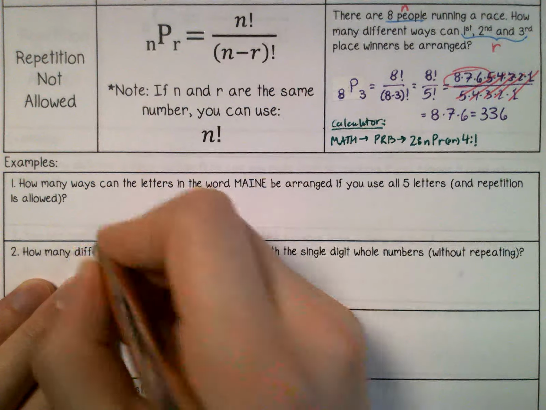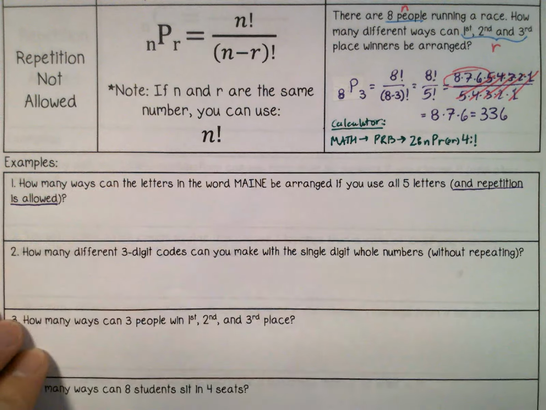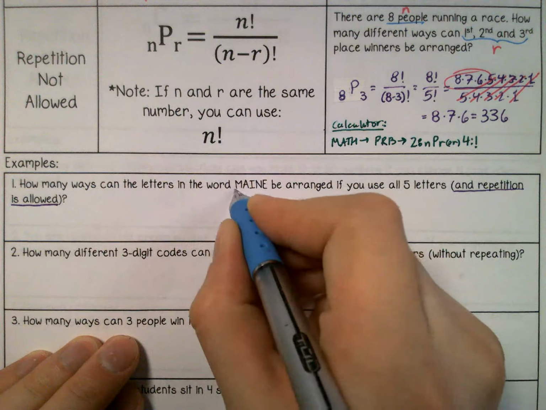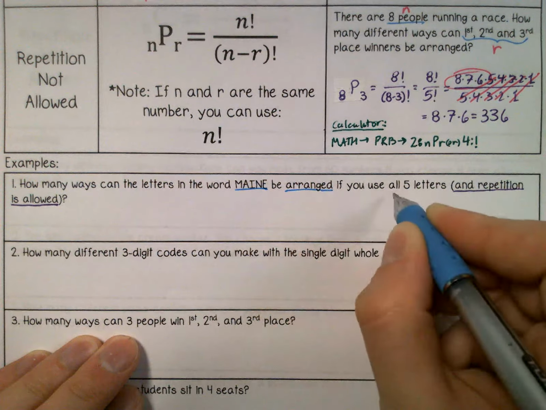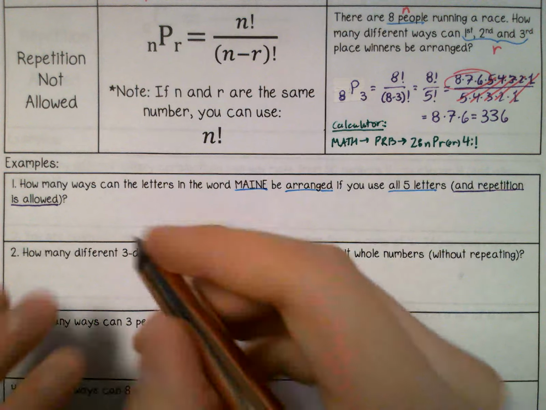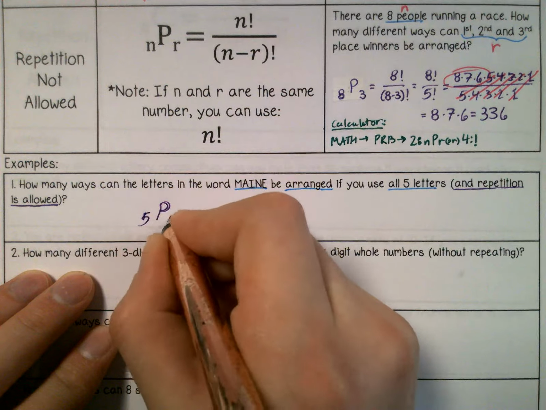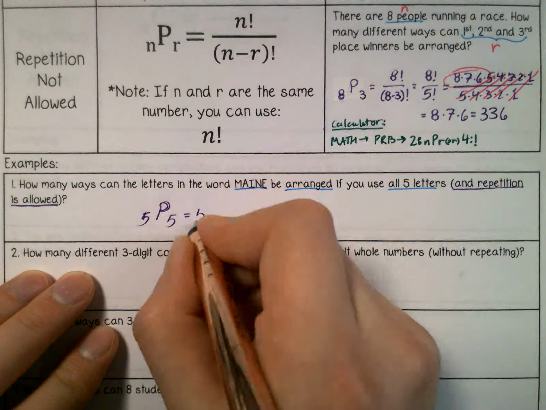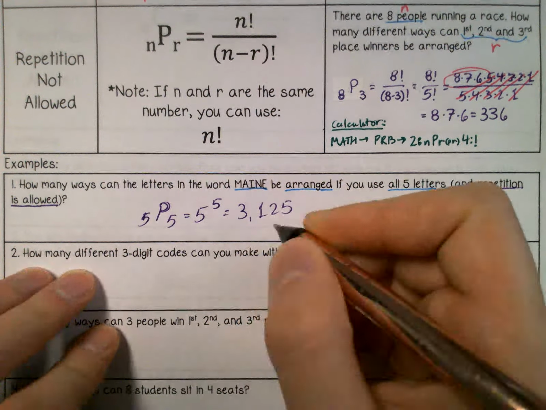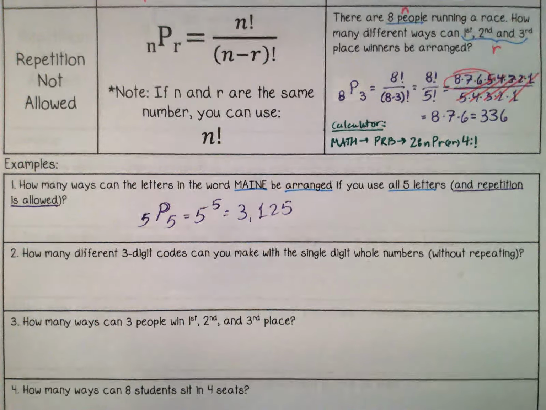So repetition is allowed, and we're using all 5 letters. So we're going to do 5 permutated over 5, which is 5 to the 5th power, which is 3,125. Okay, very easy, straightforward. That's the bare bones basic problem you're going to see.